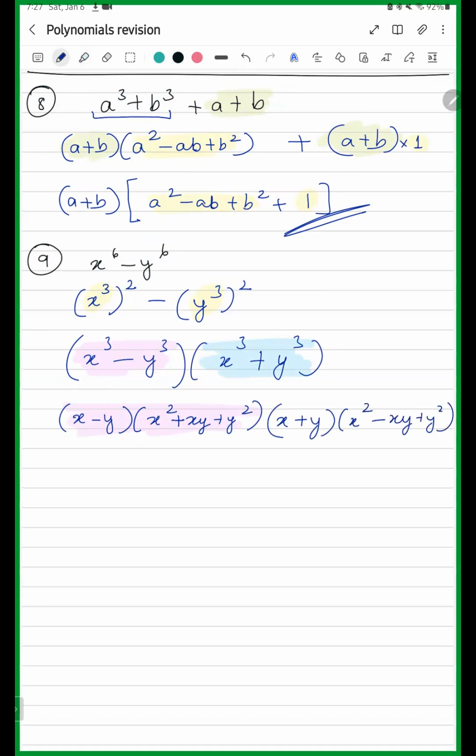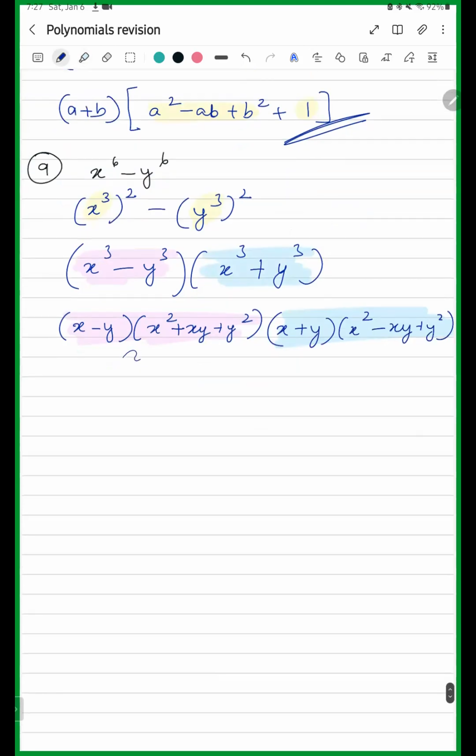So you can leave it at this, or you can bring the similar brackets together for a neater looking answer. That's all. So this is your final answer.